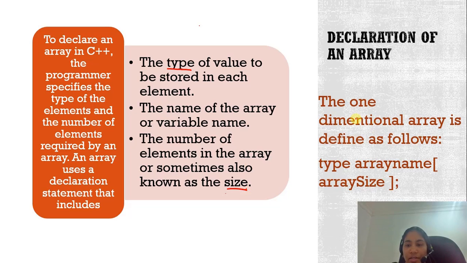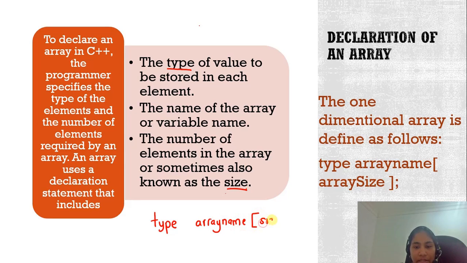So for instance, this is how to declare an array. You have type, array name, and array size. Maybe I'll write it here: type, array name, and this is the size.